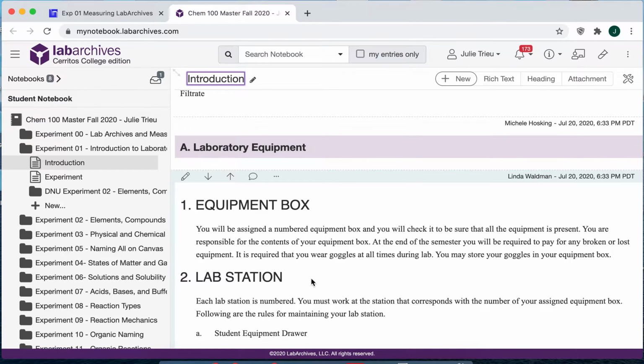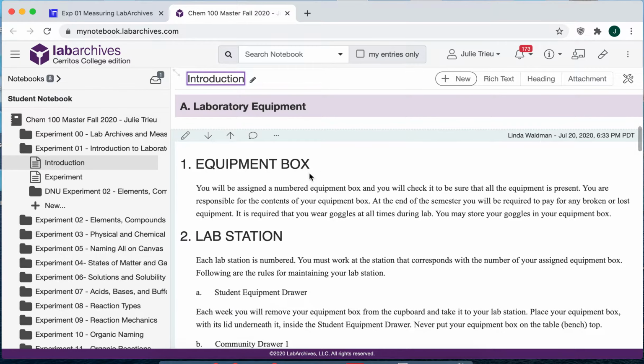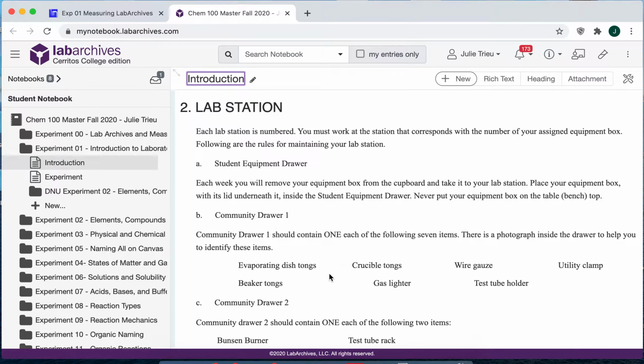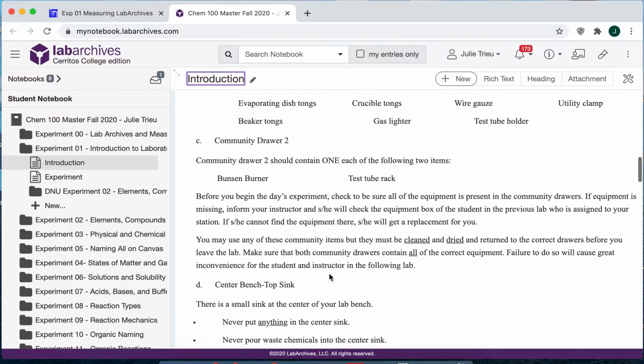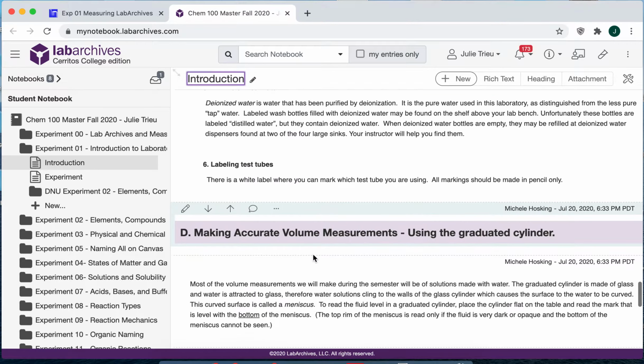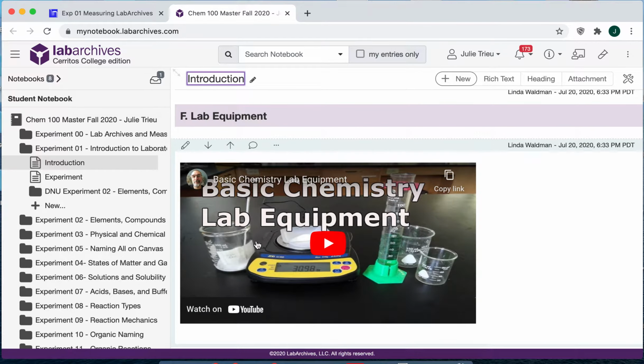So lab equipment, these are the materials and the lab station normally in the regular classroom. When you read this, make sure you watch the video at the end of this introduction. This video tells you the name of each chemical equipment we're gonna use in the lab. So in your lab quiz, I'm gonna show a picture of the equipment, and then you're gonna be able to answer what it is.